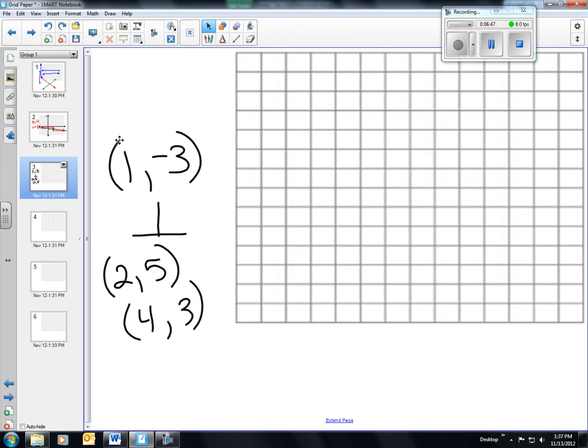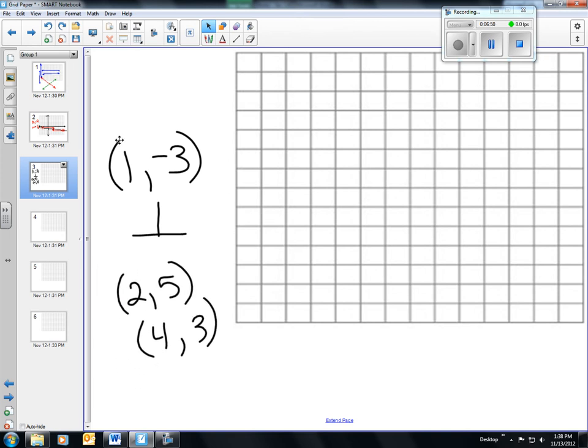So first of all, the line that's passing through these 2 points here, let's go ahead and just graph that on the coordinate plane. So we create our little x and y axis.